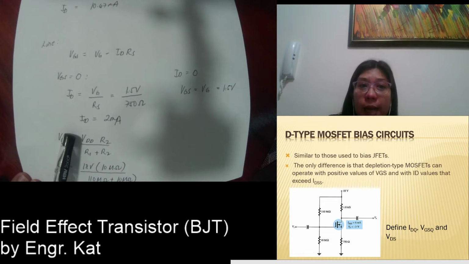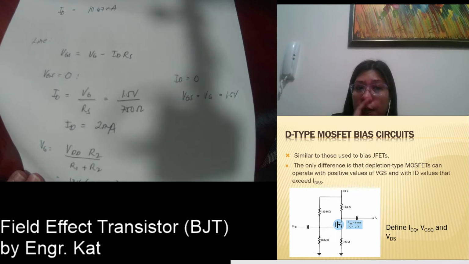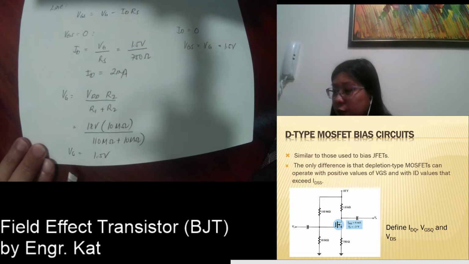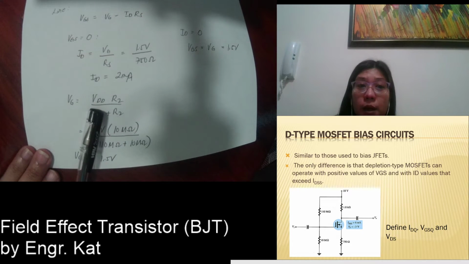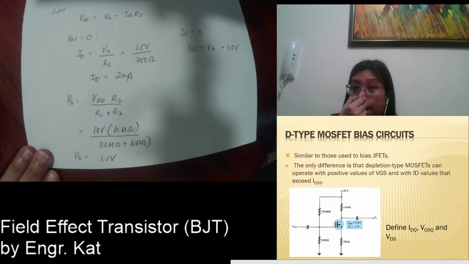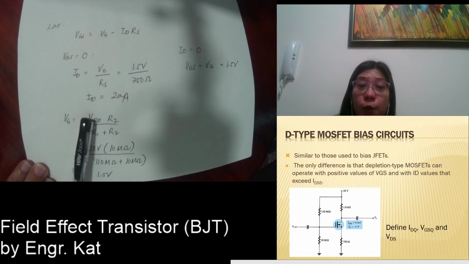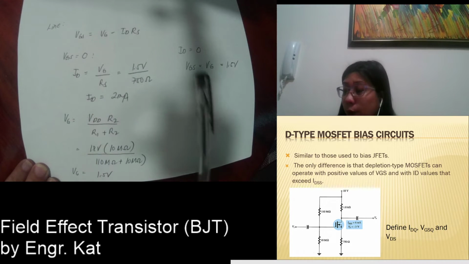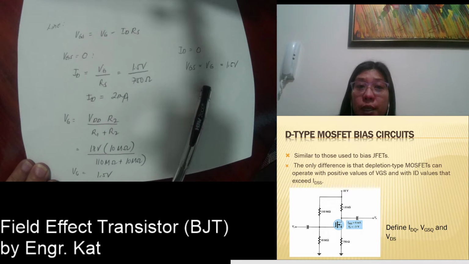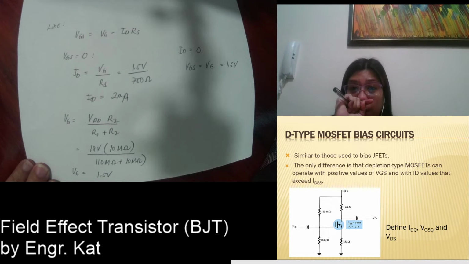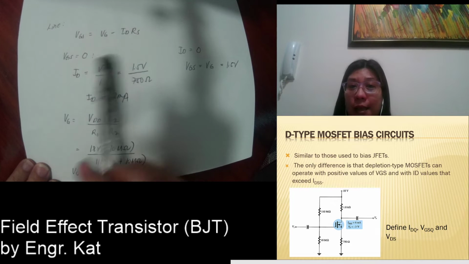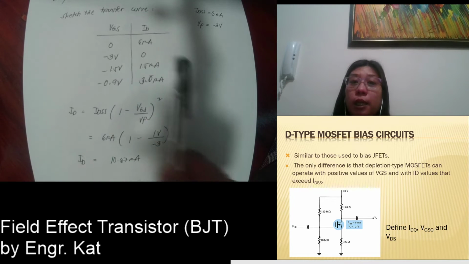Solving for VG, this is my formula: VDD multiplied by R2 divided by R1 plus R2. I have here 1.5 volts. That will give me an ID equal to 2 milliamperes. When my ID is equal to 0, VGS is equal to VG, which is equivalent to 1.5 volts. So this is my straight line and this is my transfer curve.